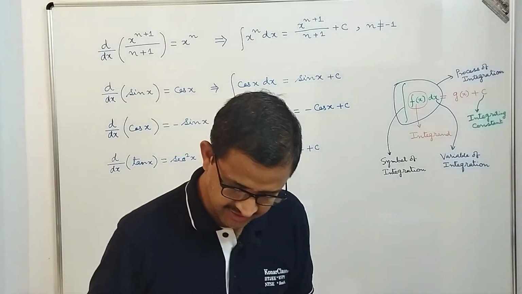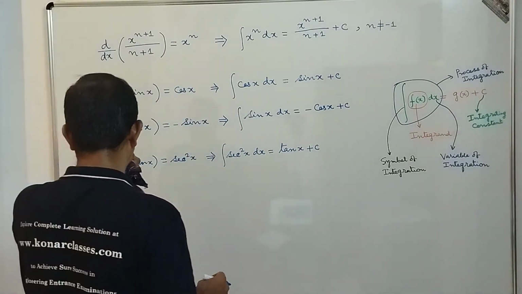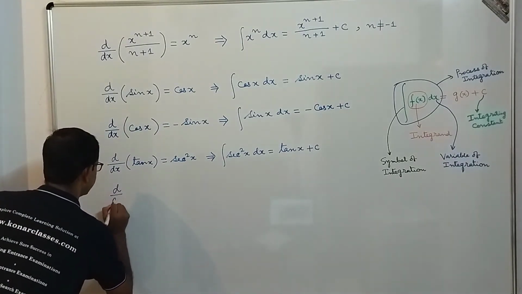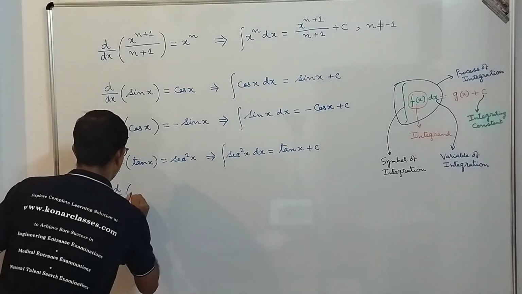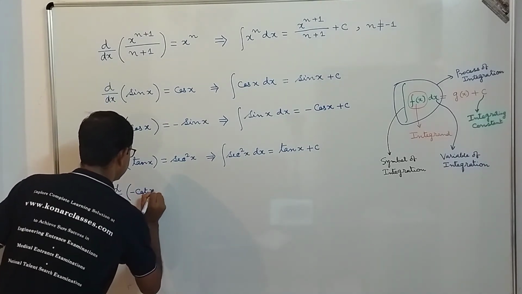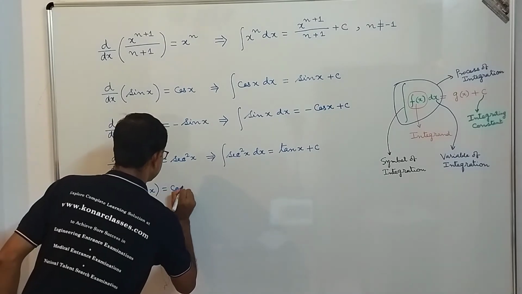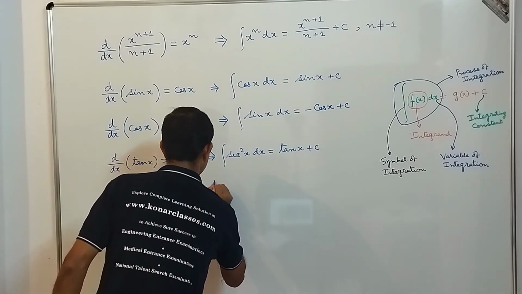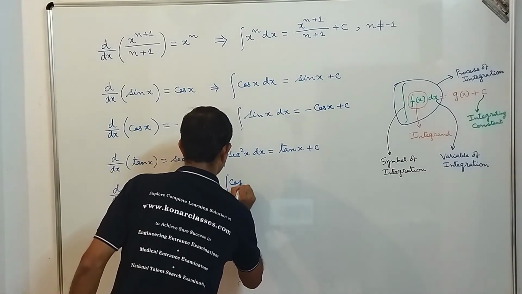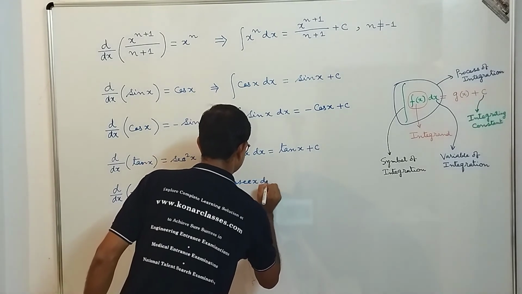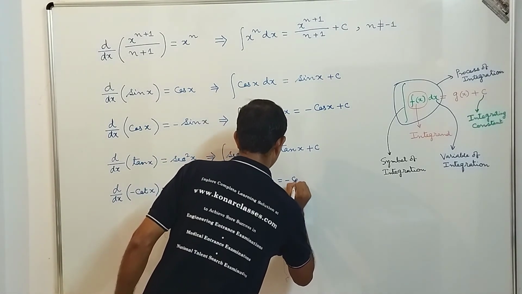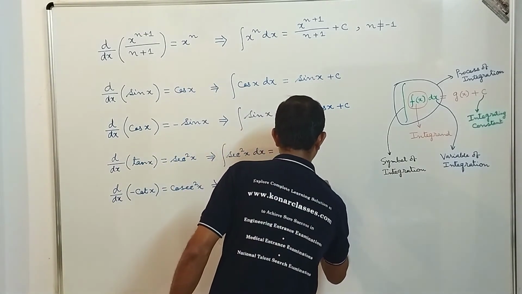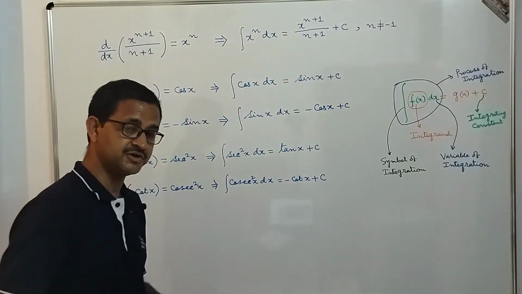The next one is that d/dx of minus cot x is equal to cosec square x. So this implies that the integration of cosec square x dx is equal to minus cot x plus c, the constant of integration.